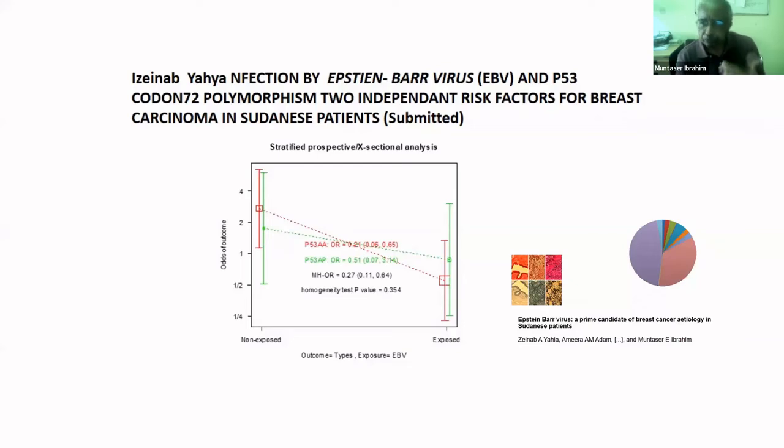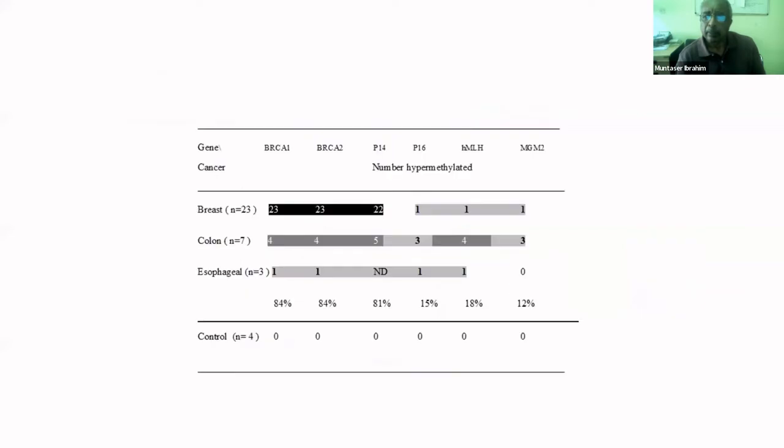And we looked at epigenetics as something that can explain the absence of somatic mutations. This is a very old table, from when genomics analyses were not yet that common and we used simple methylation techniques.